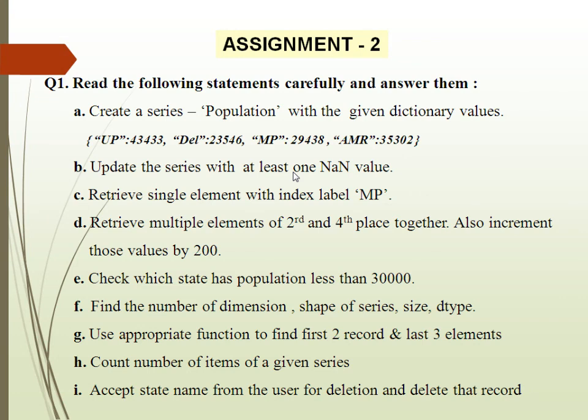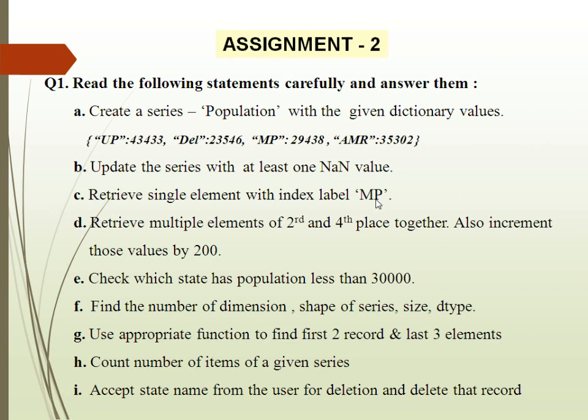So next one is C part. Retrieve a single element with index label empty. So you must know how to retrieve the first element, a single element with the label empty. You can check my first part of the video.